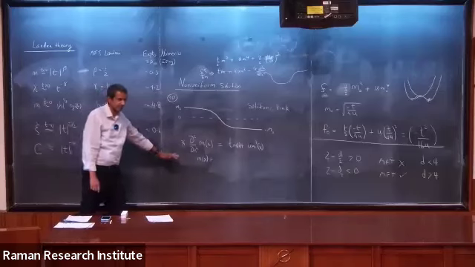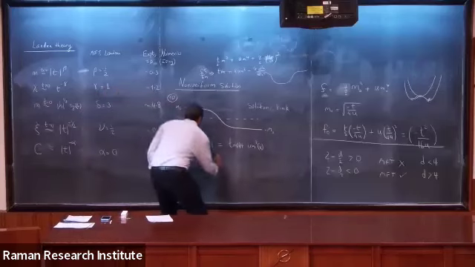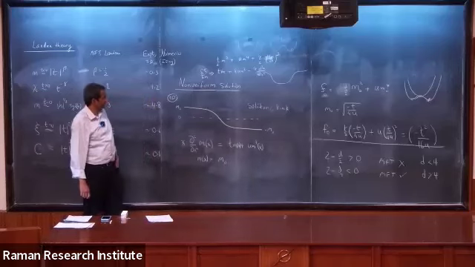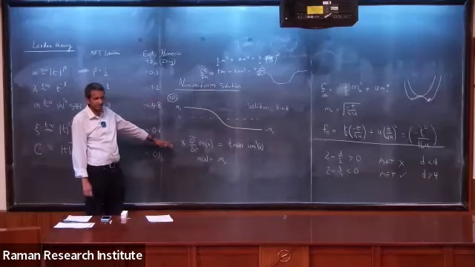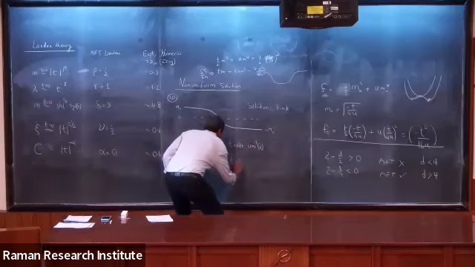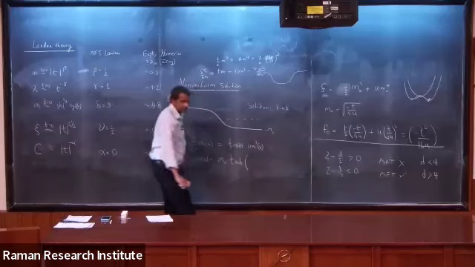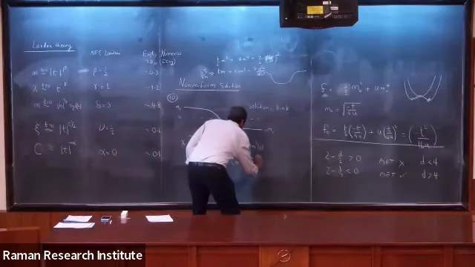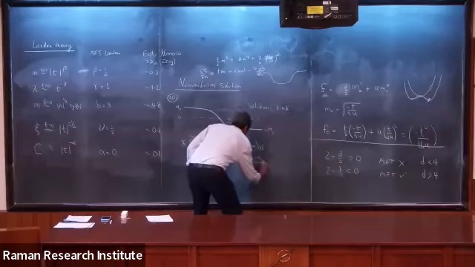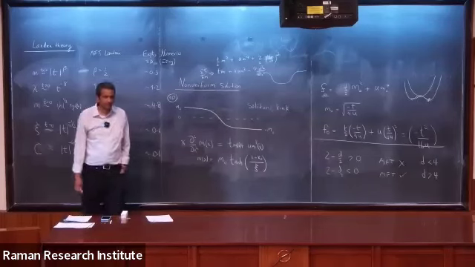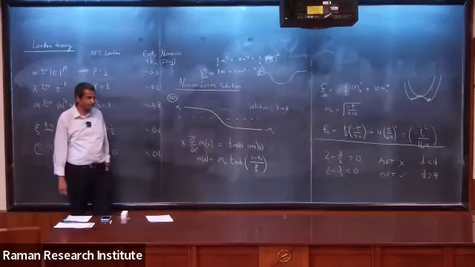I'm not going to derive this. It turns out there is an exact solution where m is m naught, which is the equilibrium value of the magnetization, multiplied by a tanh function of x minus x naught divided by this length scale psi, which we obtained from looking at correlation.